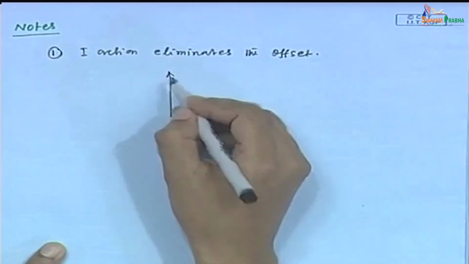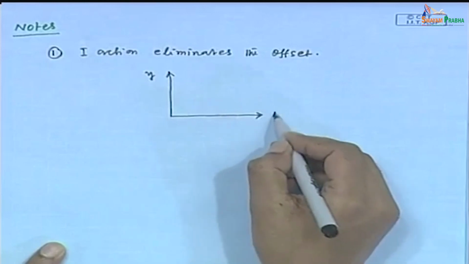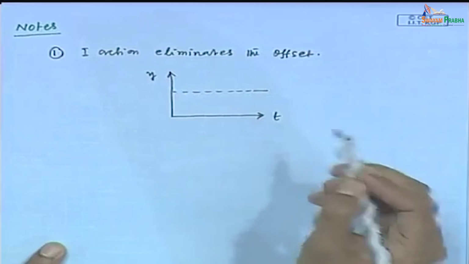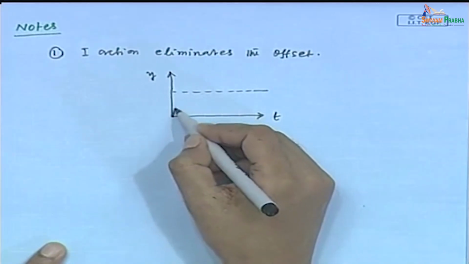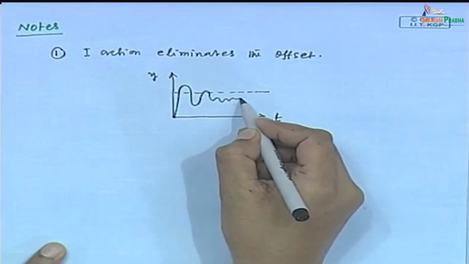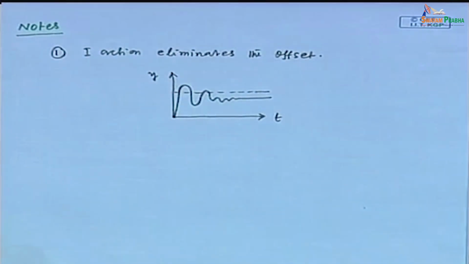If we plot y versus time t, we may get this type of response under a controller.